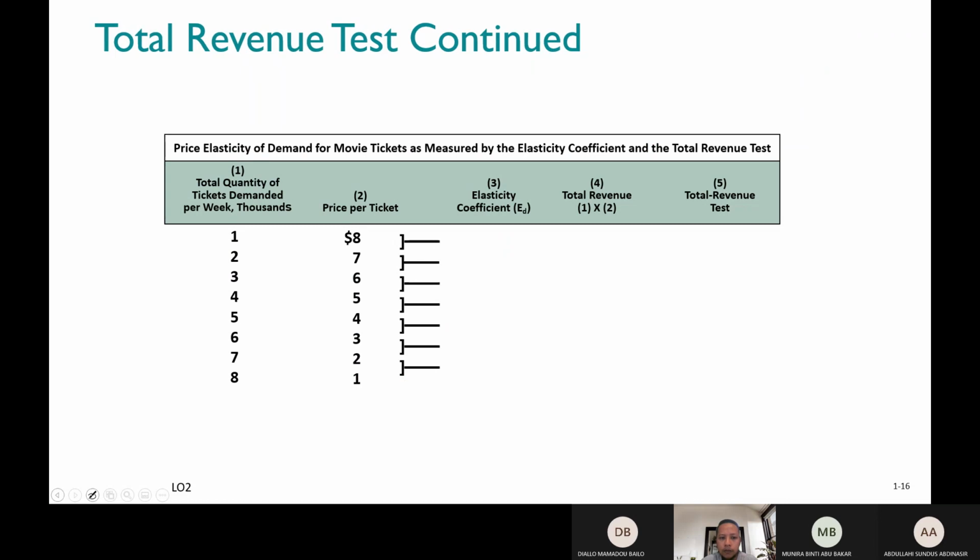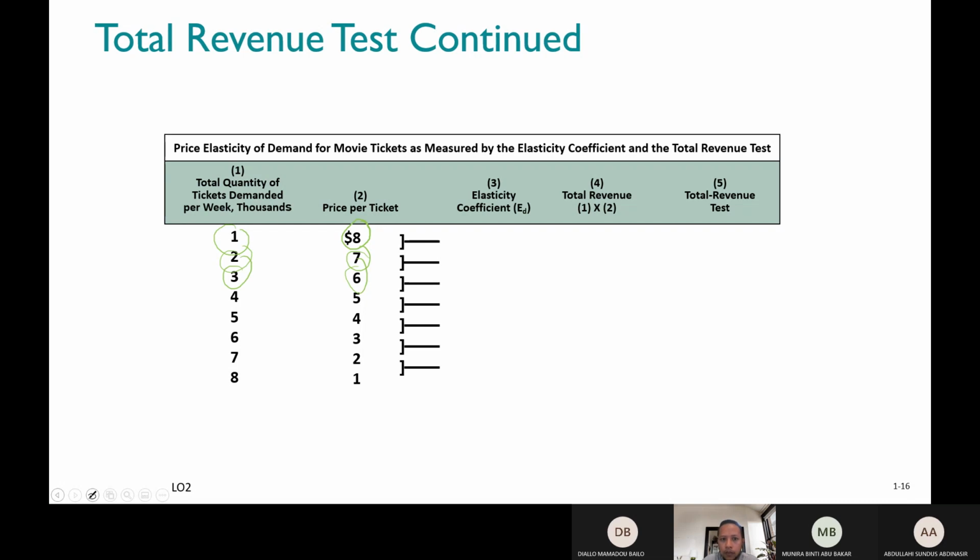Okay, so another example here, we'll try to see the price elasticity of demand when it comes to movie tickets, okay, and we see at different situations there are different elasticities, okay. So let's say based on the ticket price here, okay, for $8 the tickets that can be sold is 1,000. For $7, 2,000. For $6, 3,000, okay, and so on and so forth, okay.